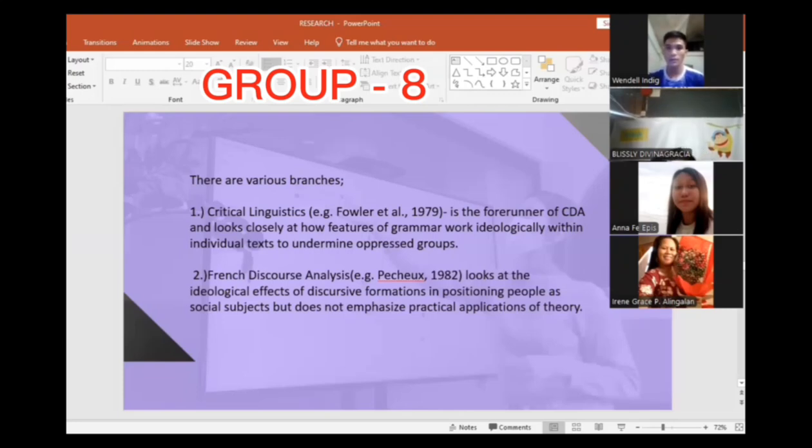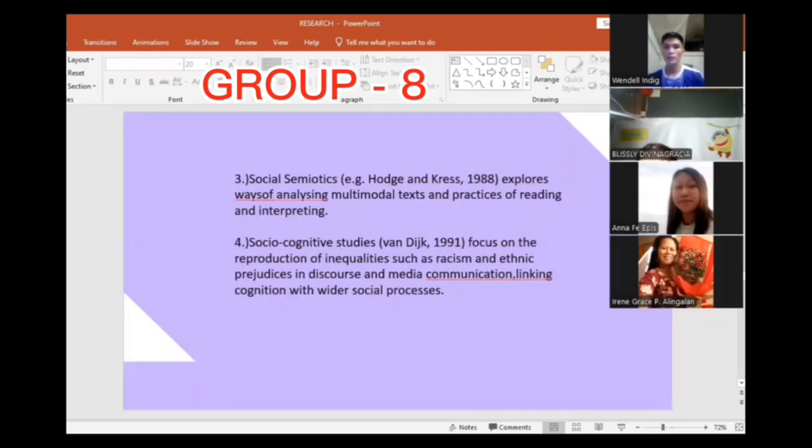Two, French discourse analysis, in 1982, looks at the ideological effects of discursive formation and positioning people as social subjects, but does not emphasize practical application of theory. Social semiotics, Hodge and Kress in 1988, explored ways of analyzing multimodal text and the practice of reading and interpreting.